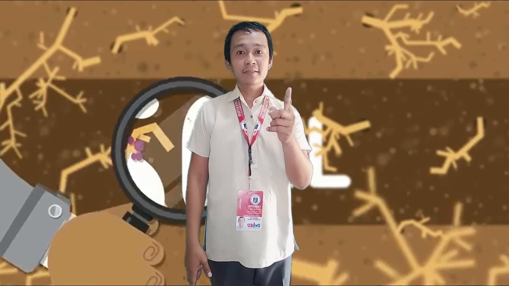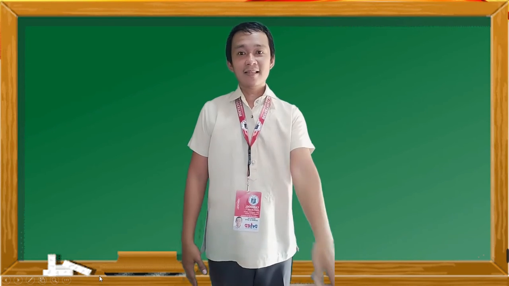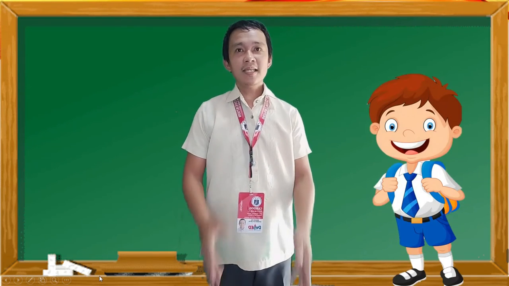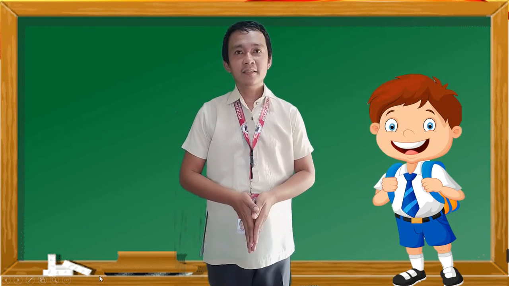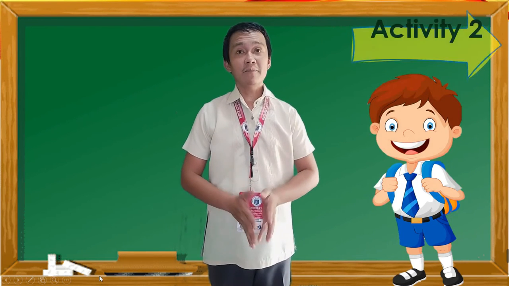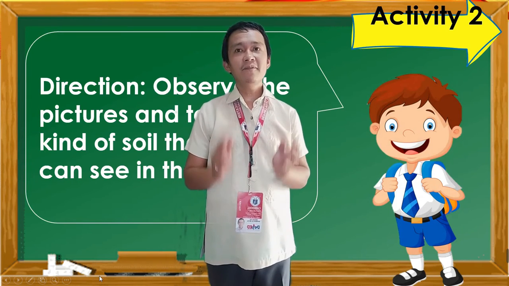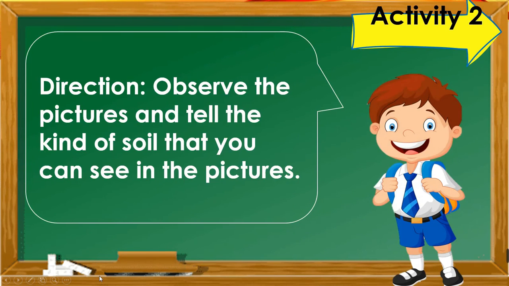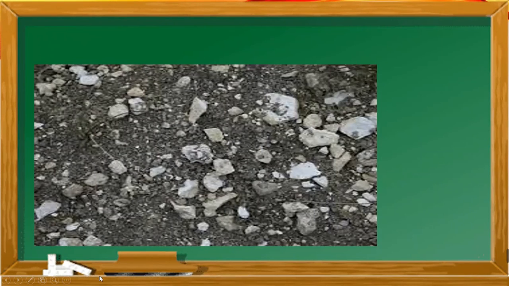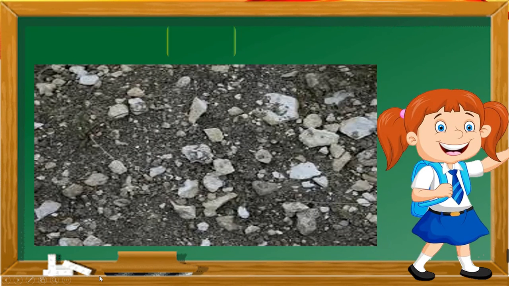Are you ready? Come on, let's go. Let's have another activity. Look at the pictures below. Those are images of the different types of soil. Direction: Observe the pictures and tell the kind of soil that you can see in the pictures. Number 1, picture number 1.